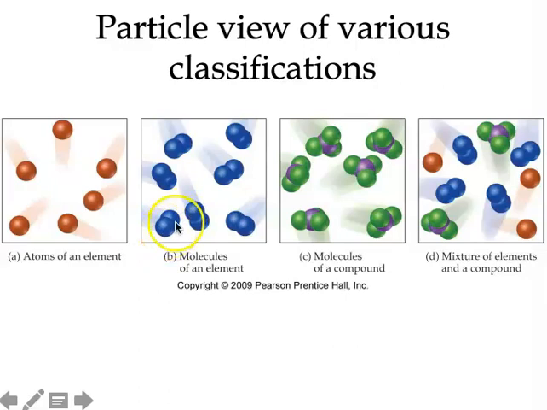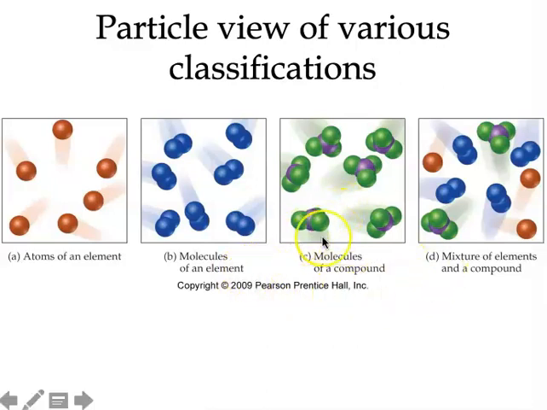Well, what would happen if we took every single one of these little diatomic doubles and made one of those blue spheres orange? If every single one was a blue and an orange sphere, that would be molecules of a compound. A compound is something that has to be made up of more than one type of element.